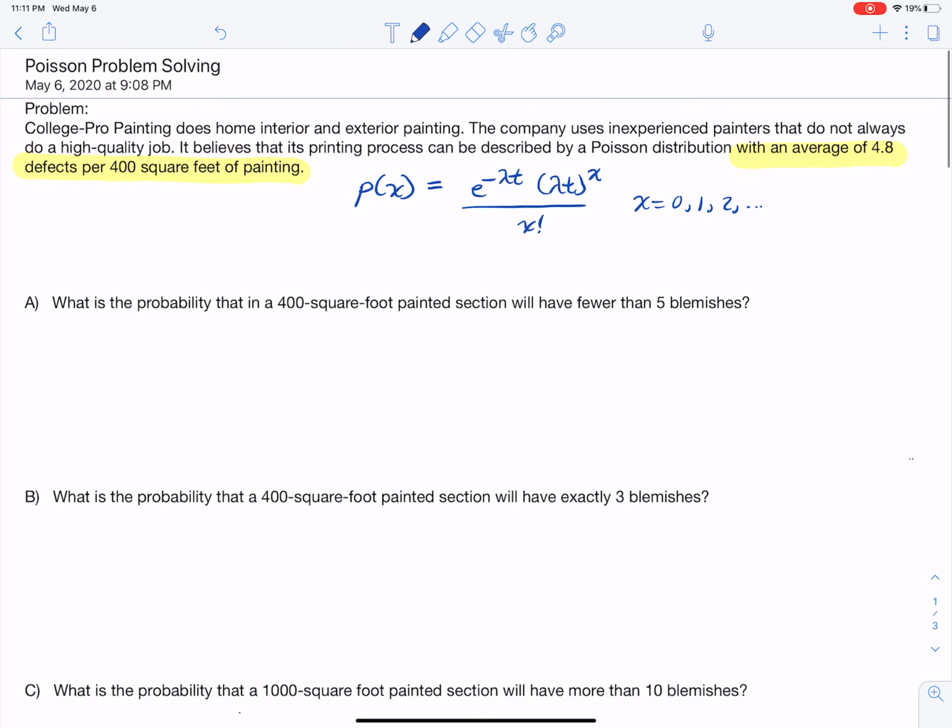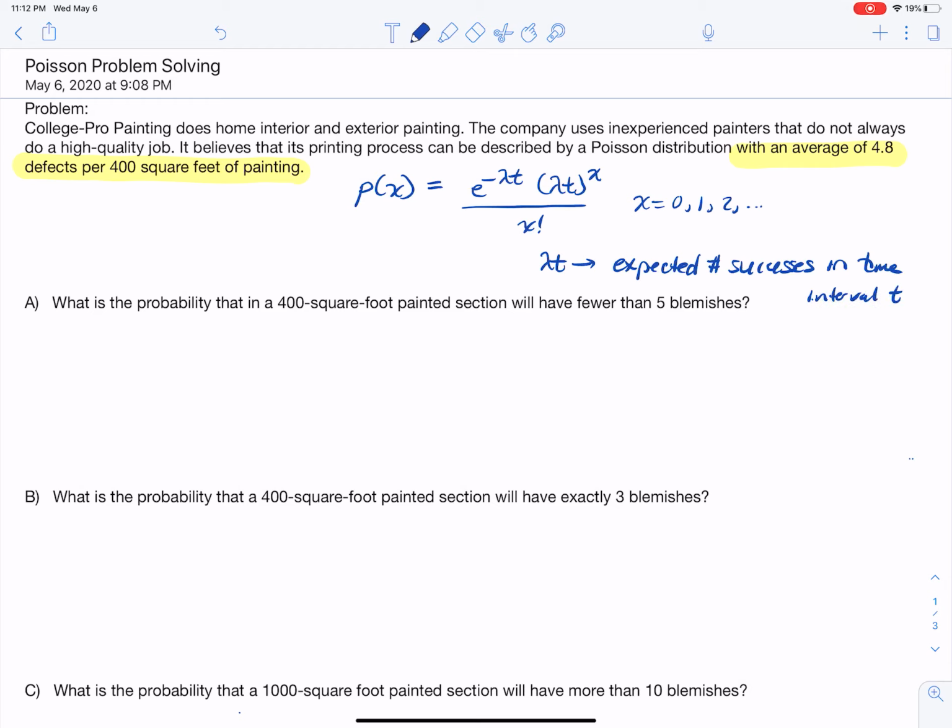Now what you might remember is the Poisson probability formula is this right here that's written out, where lambda t is the expected number of successes in time interval t.